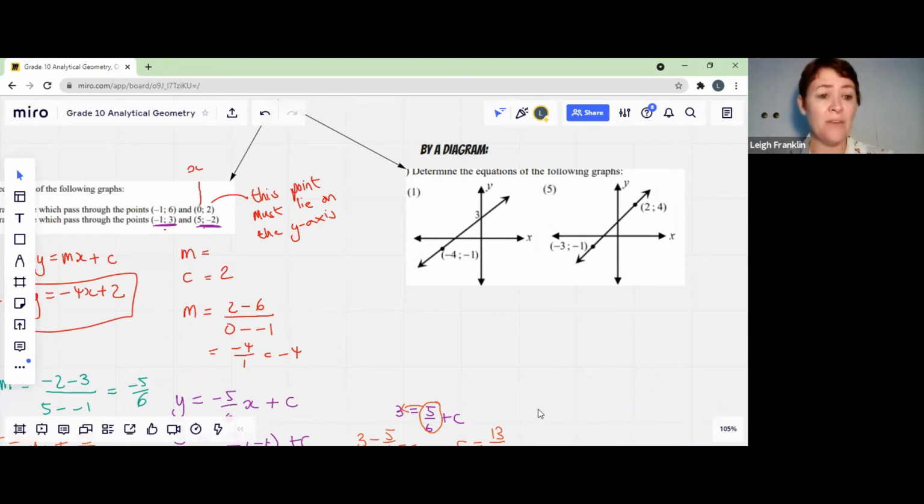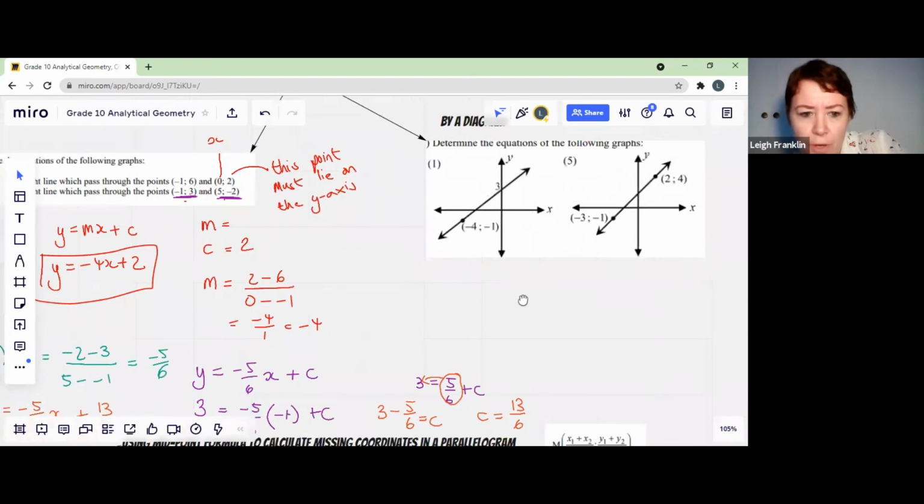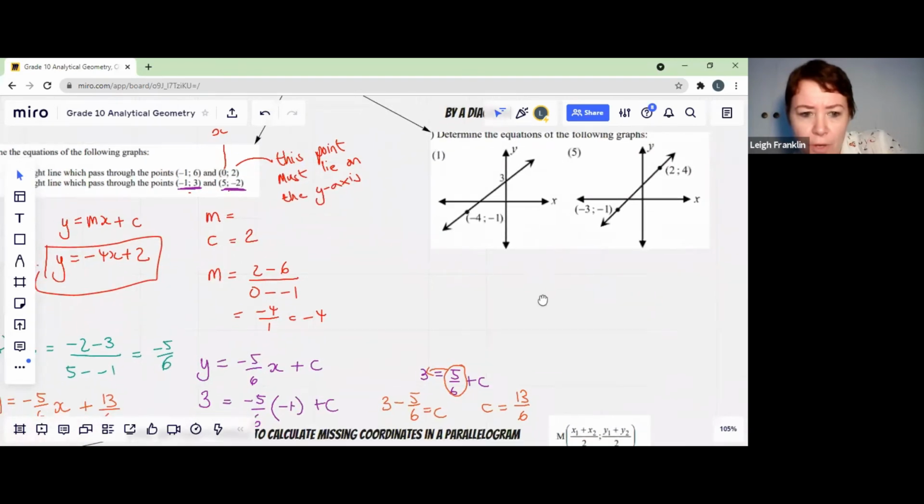Question number 5 was like question number 4. They've only given us 2 points. So let's see if you guys can work out the equations of those 2 lines, number 1 and number 5. Maybe what I must do is just move the working here into the middle of the page.